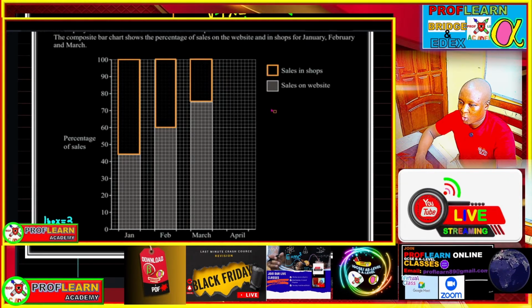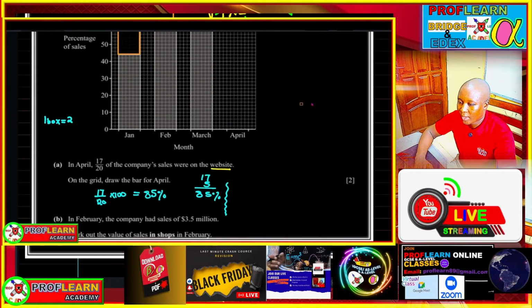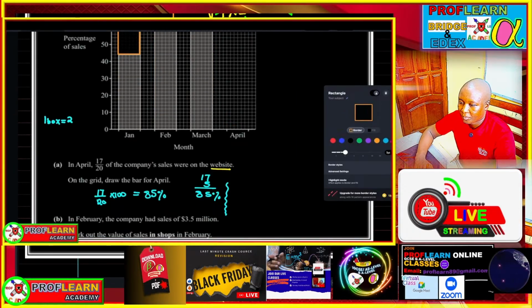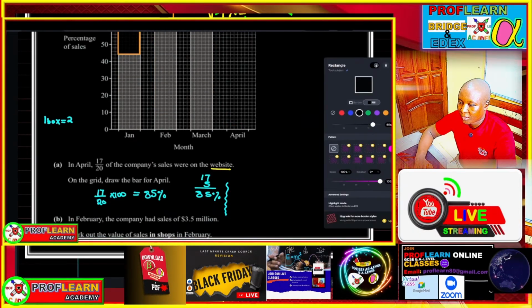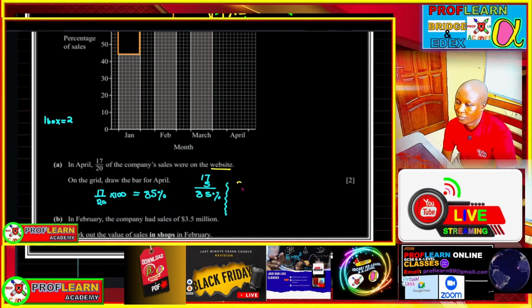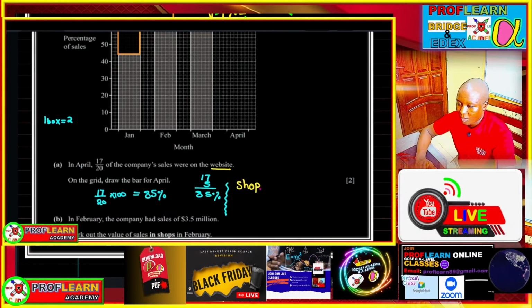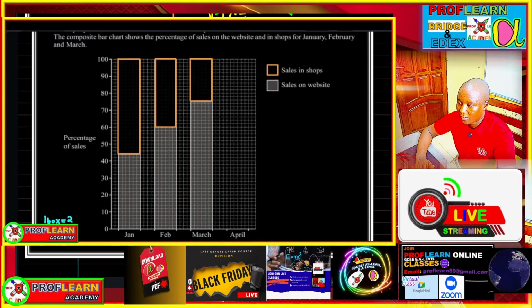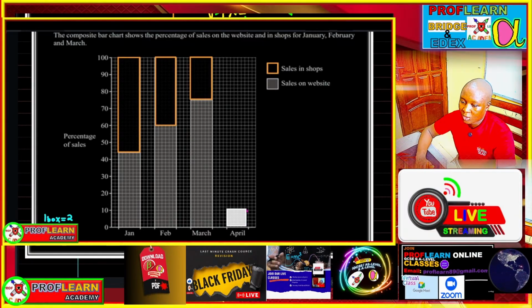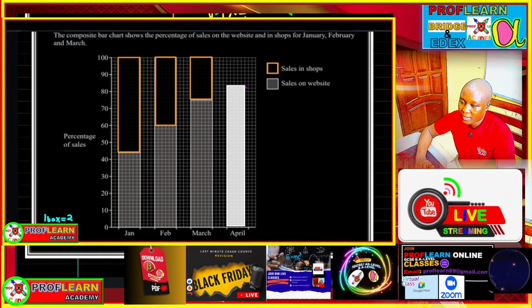So for the shop, that is going to be 100 minus 85%, and if you work it out, you're going to get 15%. So we are going to move up to 85 somewhere here.